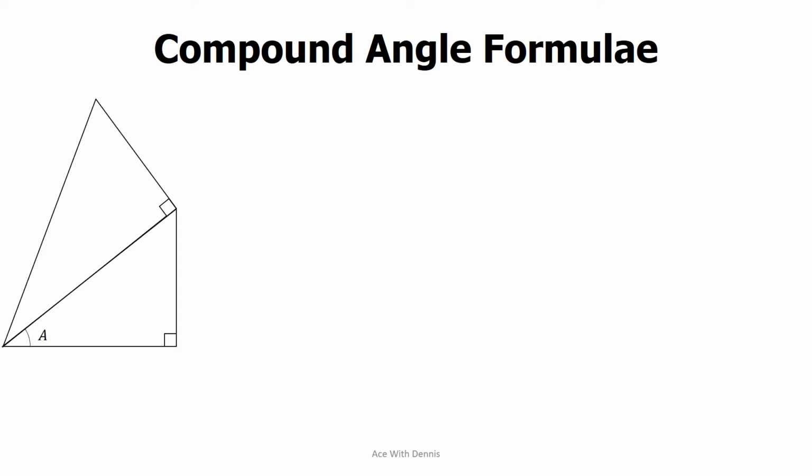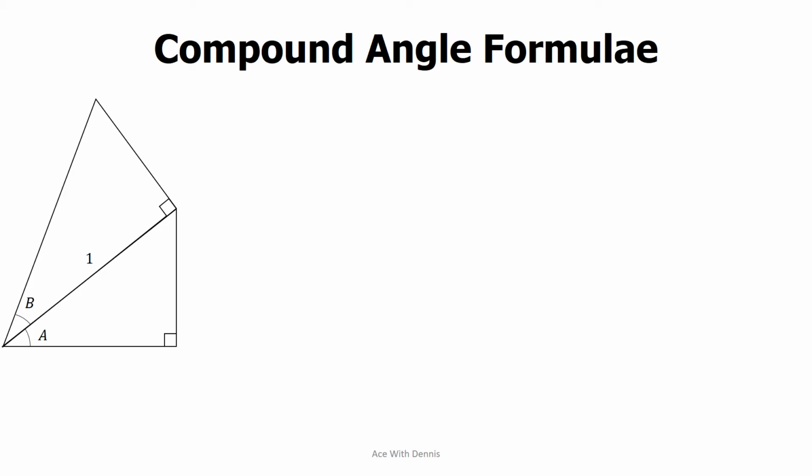The next type of formula that you need to know is the compound angle formula. Now let's look at this right angle triangle. We label this angle as A, and there is another right angle triangle stacked at this position, and we name this angle as B. So now, this side will be the side that is shared by these two right angle triangles.